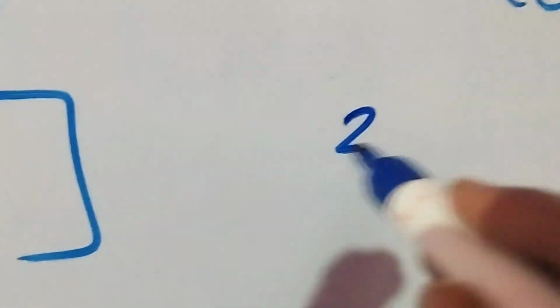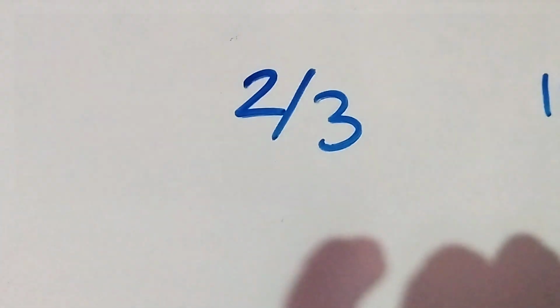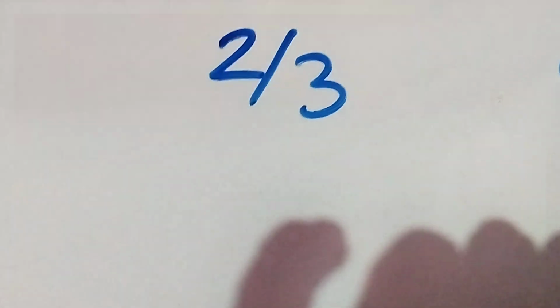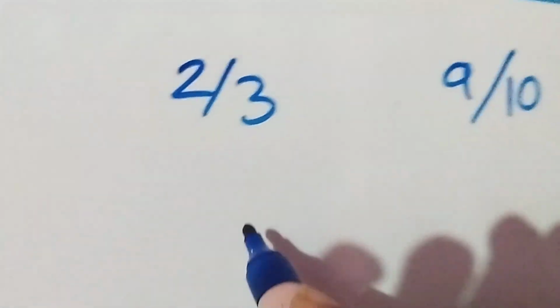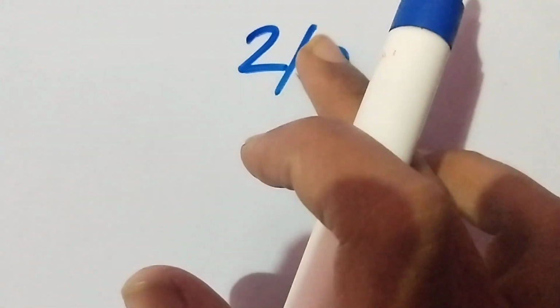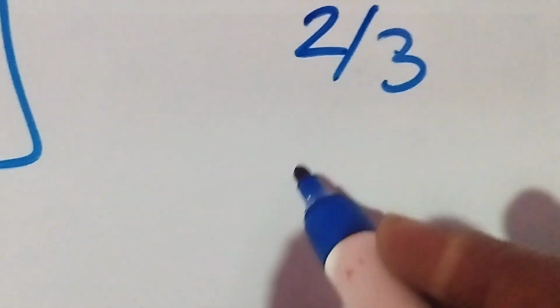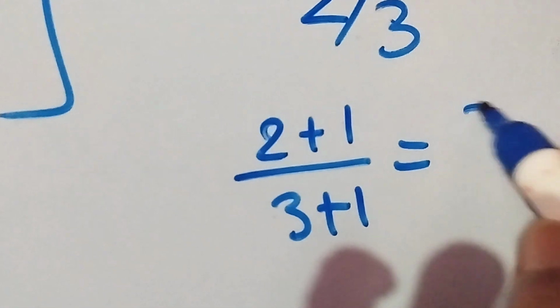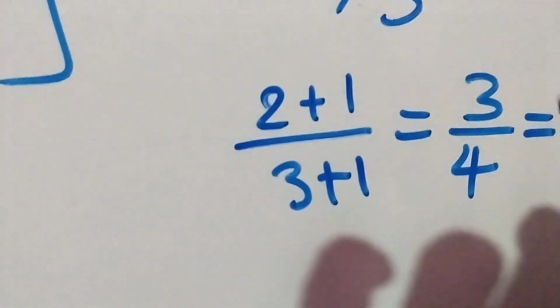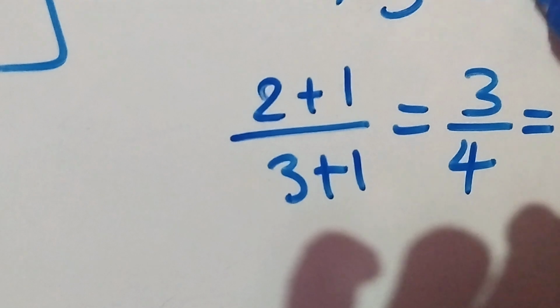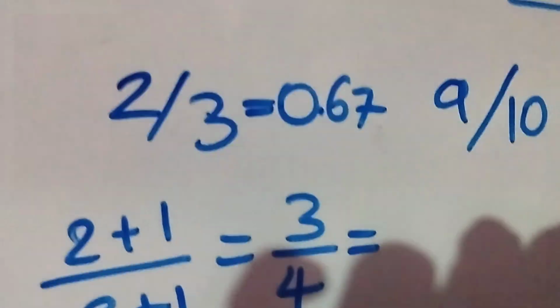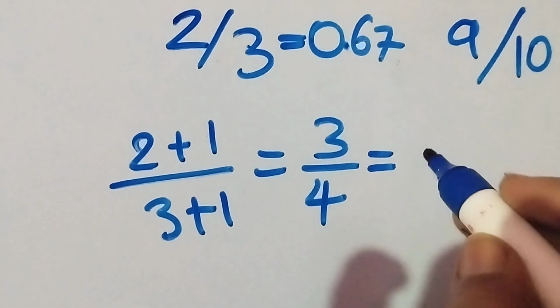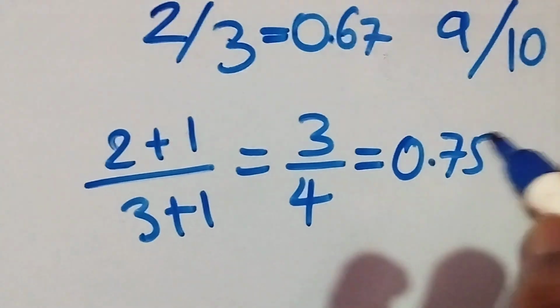Suppose we have 2,3 and let's say 9,10, right? If I add +1 to this, value and total, the 2 + 1 divided by 3 + 1 will become 3/4, and before it was 0.67, right? 2/3, and after it becomes 0.75, right?